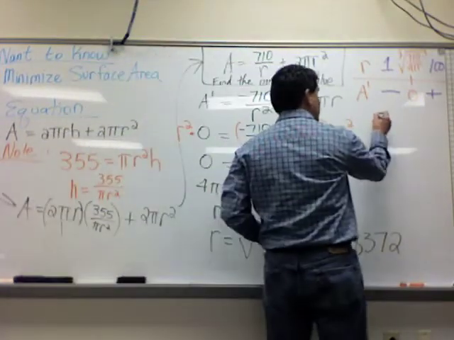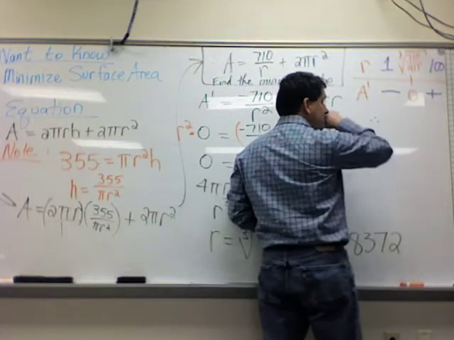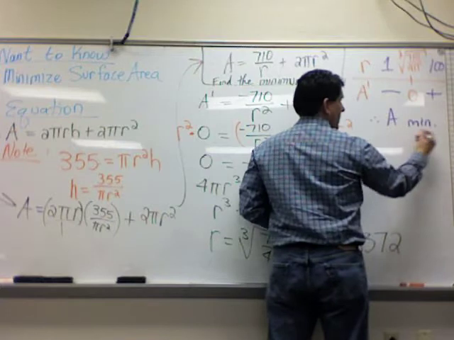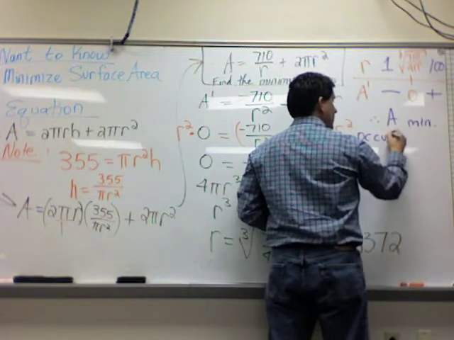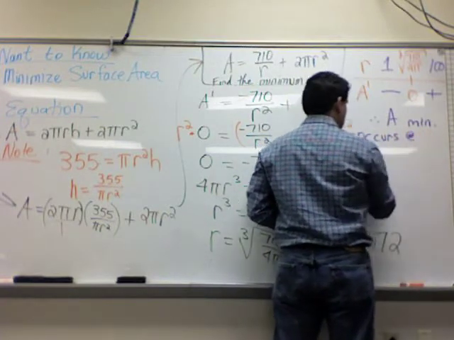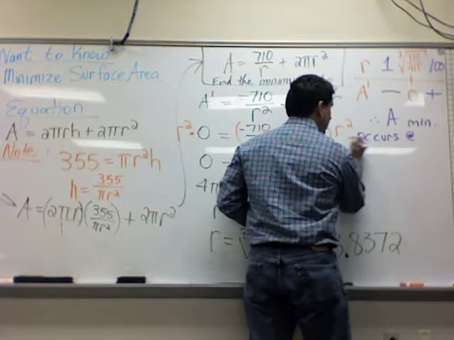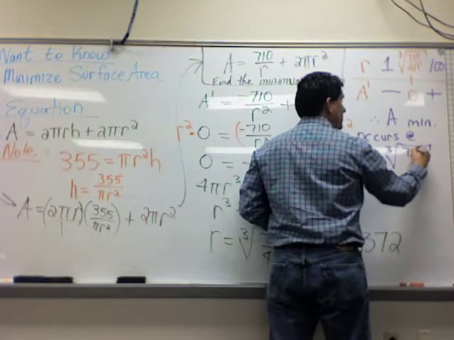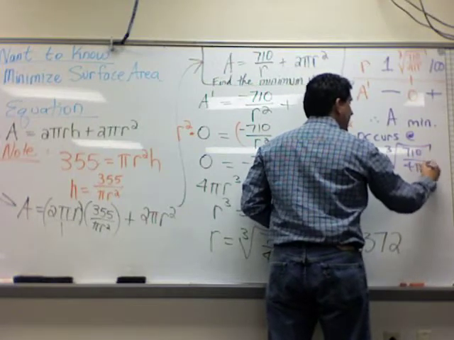So we can wrap this up. We can say, therefore, a minimum exists, occurs at r equals the cubed root of 710 over 4 pi.